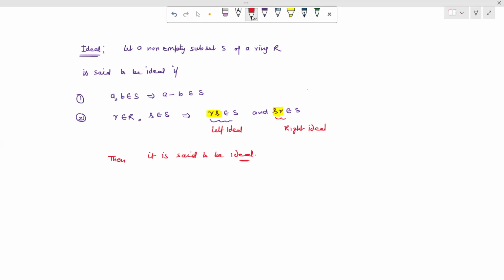Now we take one theorem based on that. So we start the statement of the theorem. Prove that the intersection of two ideals is again an ideal.